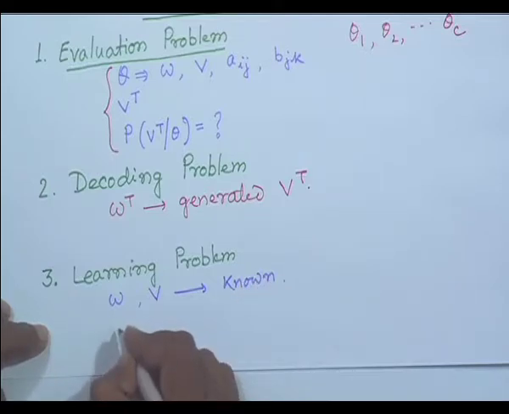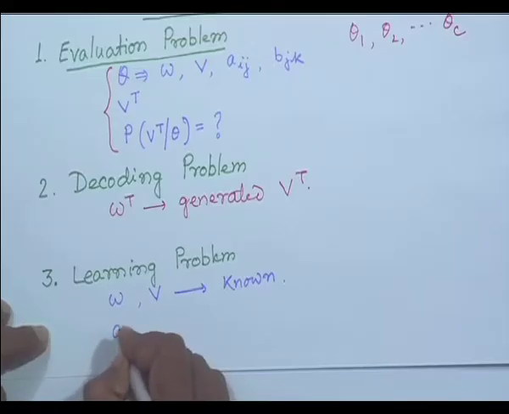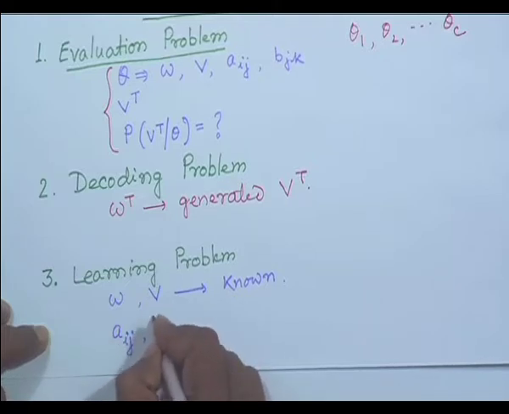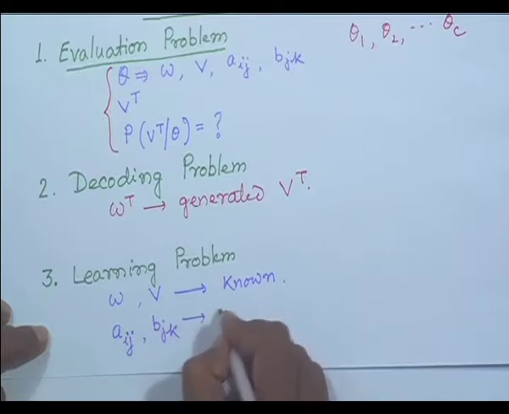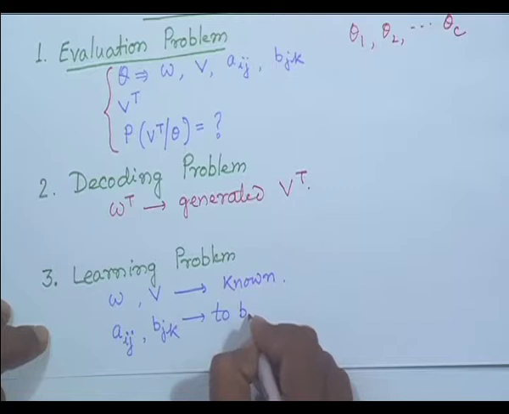What I have to do is use a large number of training sequences to estimate the transition probabilities Aij and Bjk. These two sets of probabilities are to be estimated.